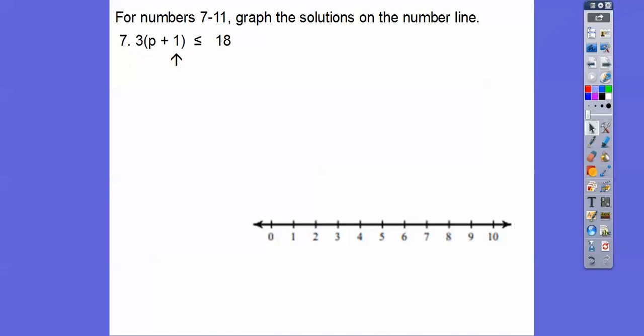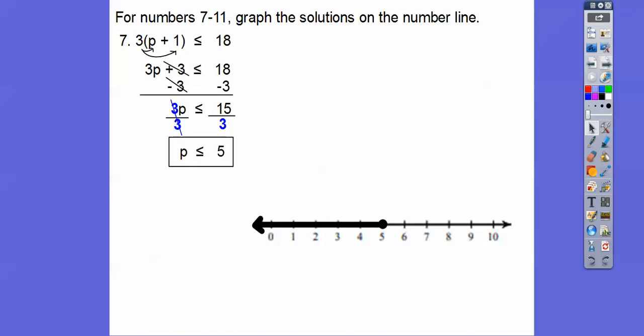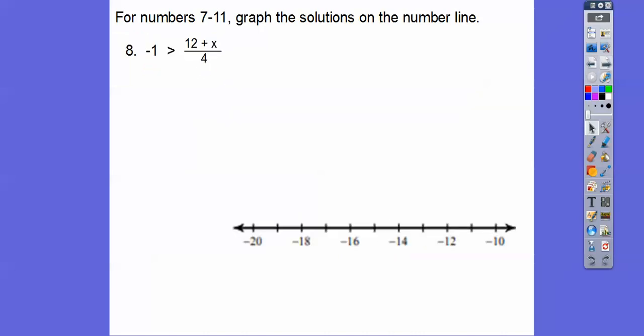Then subtract 3 and divide by 3, and we get p is less than or equal to 5. Again, we're doing a closed circle because we have that equals bar right there. If that equals bar wasn't there, it would be an open circle, not a shaded circle. I have a couple of those coming up, like this one, okay?